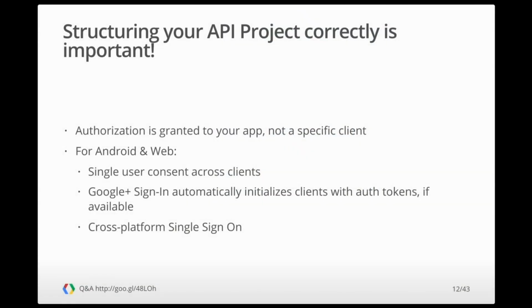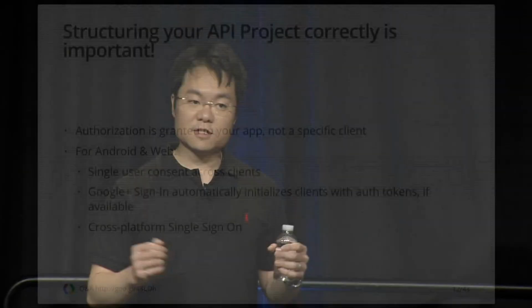It's about the whole thing. And yesterday, in the Android keynote, Hugo announced cross-platform single sign-on, the notion that when a user signs in on the web, they get automatically signed in on Android as well. So this is very important to set up correctly. Keep that in mind.